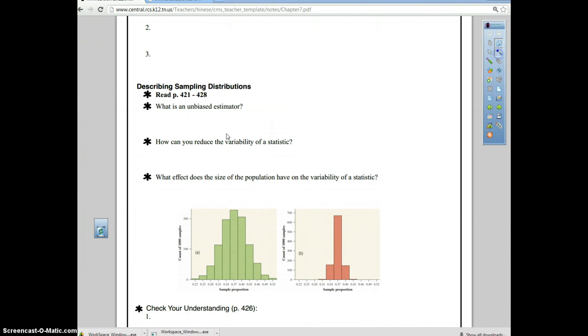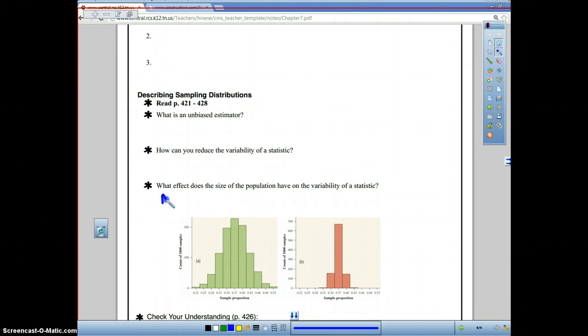Okay, as long as the population is at least 10 times the size of our sample. Okay, our earlier example wasn't, but in all of our other cases, as long as our population is 10 times the size of our sample, then the size of the population does not affect the variability.